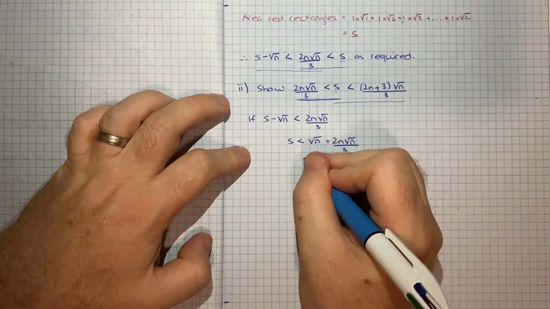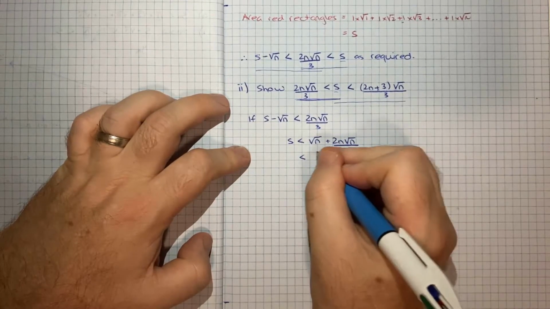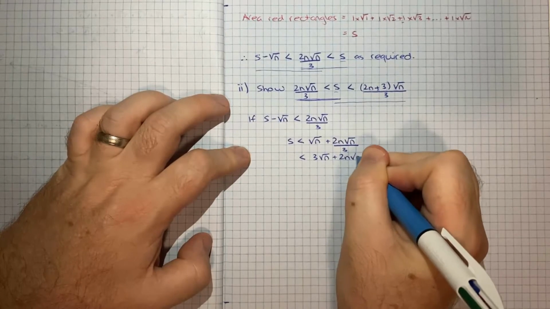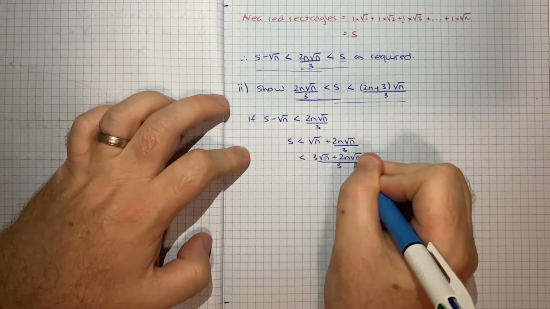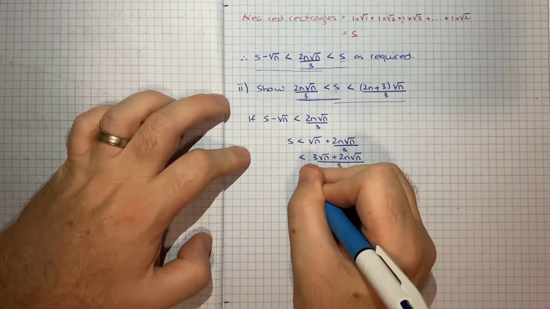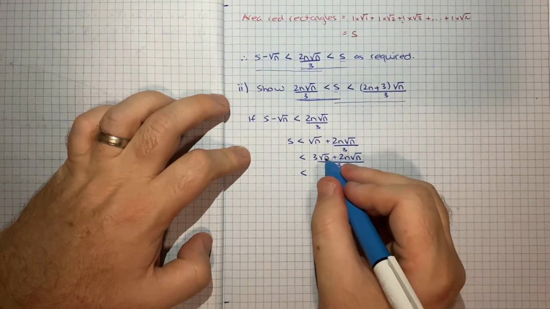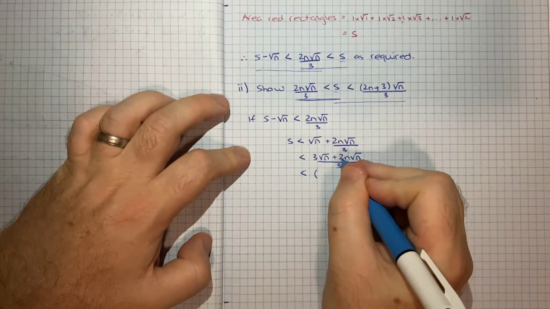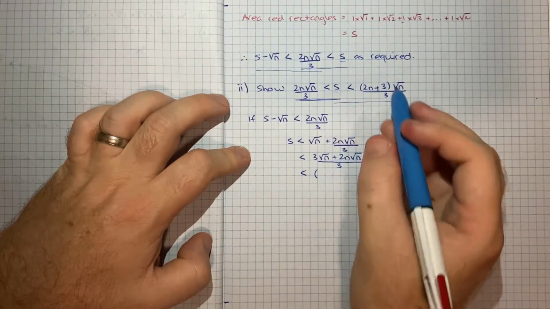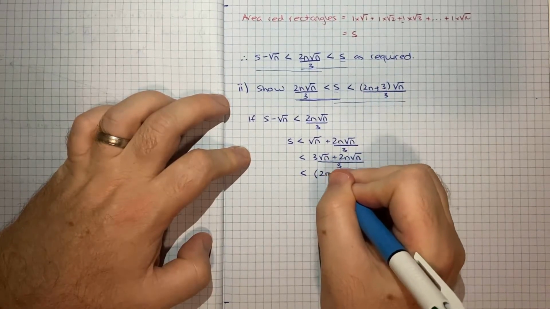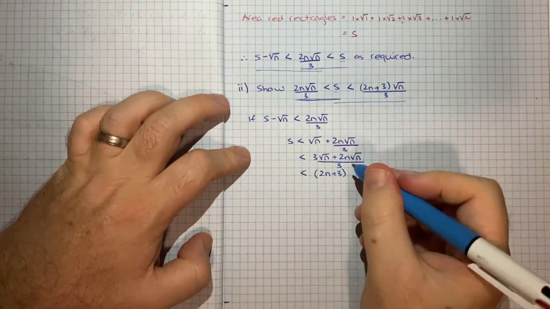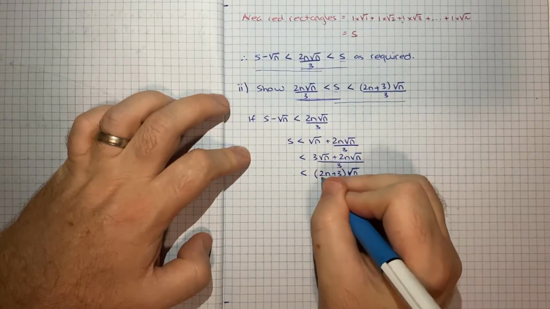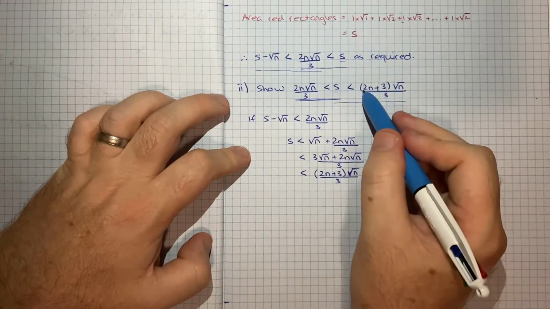If I give that a common denominator, that will be 3 root n plus 2n root n on 3. And then just simplifying that, we've got a common factor of root n. So we'll have 3 plus 2n, but I'll just write that as 2n plus 3, since that's the way the question has it, on times root n, all divided by 3. Which is this part here.